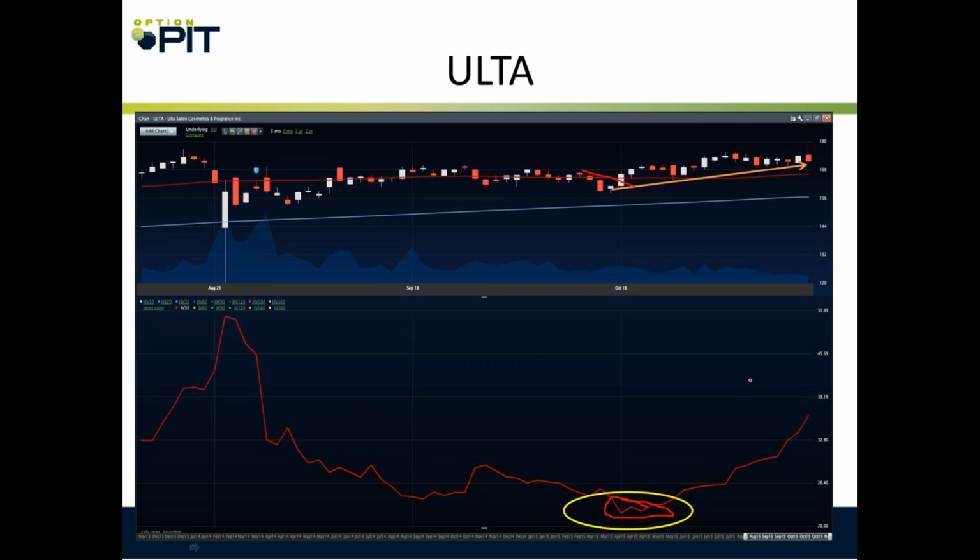As someone who thought Ulta was going a lot higher, this is an excellent chance to buy calls. Because what happens, on top of the fact that the implied volatility is low, take a look at the implied volatility. What happens? It goes up. Meanwhile, the stock goes up too. All right? So remembering implied volatility is an input in the model, my calls do really, really, really well.